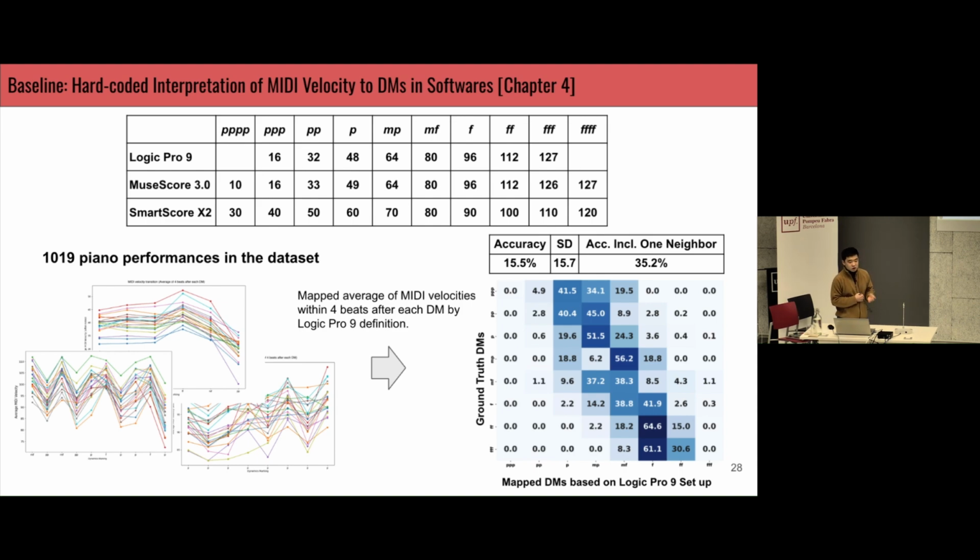This indicates the actual pianists do not really perform their subjective interpretation based on these hard-coded definitions of MIDI velocities. Accuracy is about 15%, and the accuracy including one neighbor, which is, if fortissimo is ground truth, including forte and fortissimo as well, is only 35%.